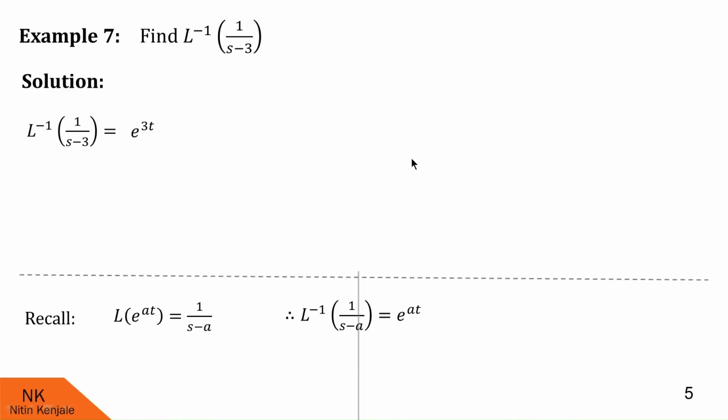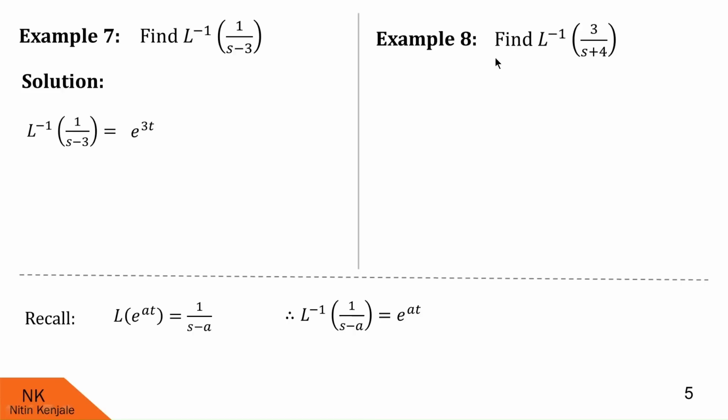Now on similar lines we will solve example number 8. Here we are asked to find L inverse of 3 upon s plus 4. To find its L inverse, we first take out that 3 as it is constant. Then we will be left with L inverse of 1 upon s plus 4. Now think, whose Laplace transform is 1 upon s plus 4?